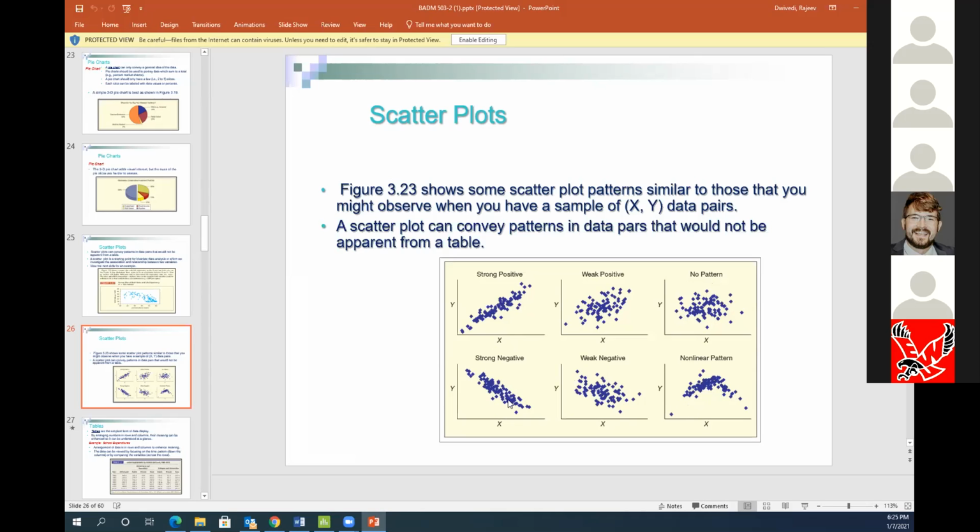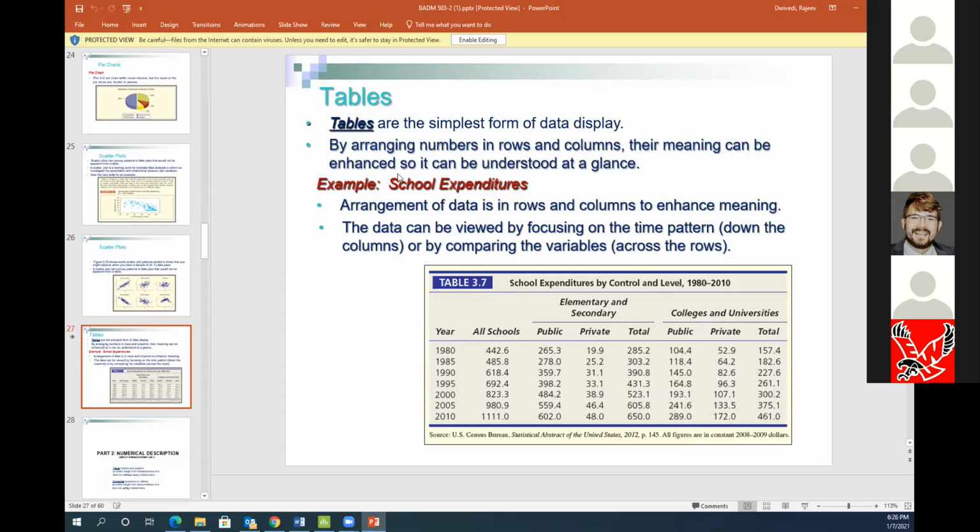Here, this is close to a positive or negative line, but here you can see the trend, but that is not strong. So this is weak positive and weak negative. We will learn correlation in a later chapter, I believe in hypothesis testing.